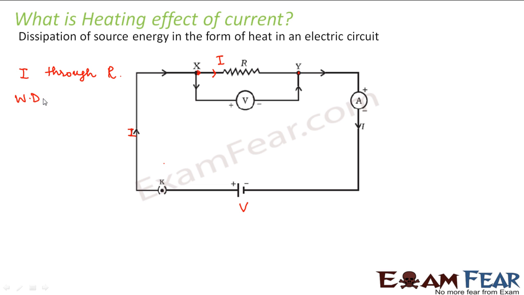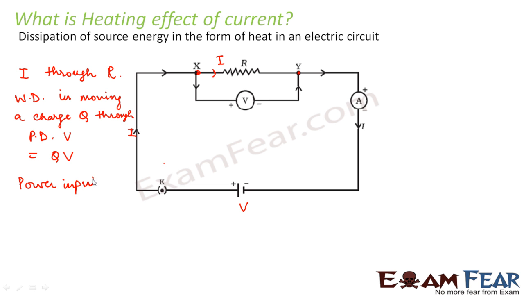What will be the work done in moving a charge Q through a potential difference V? That will be equal to Q into V, that is, charge into potential difference. So what is the power input to the circuit?